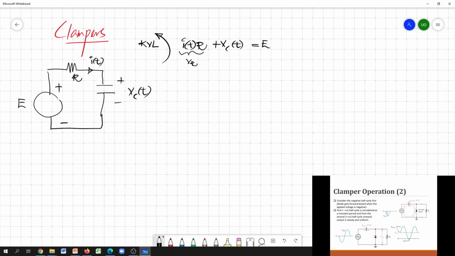So we can analyze this circuit, or we can solve this equation. It's a part of the circuit analysis too. For the time being, we can do it like this. We know that this I(t) is the current flowing through the capacitor. For the capacitor, the induced current equals C times the derivative of the voltage.